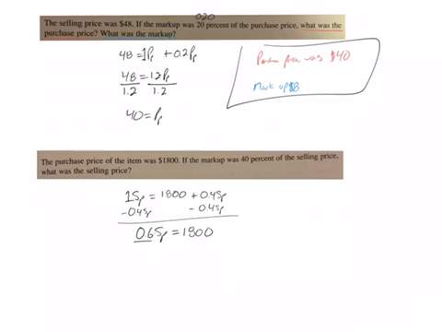These are multiplying, so the opposite is going to be divide by 0.6. And you get the selling price is equal to $3,000. And it says, what is the selling price? That's what we're looking for. So I'm going to say the selling price is $3,000.